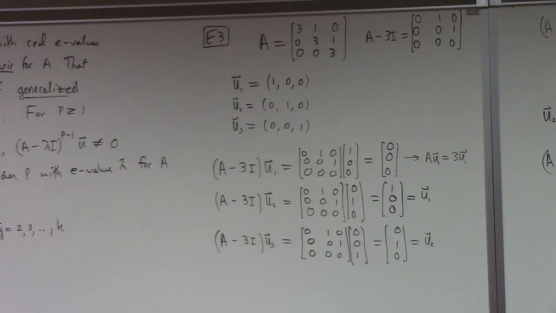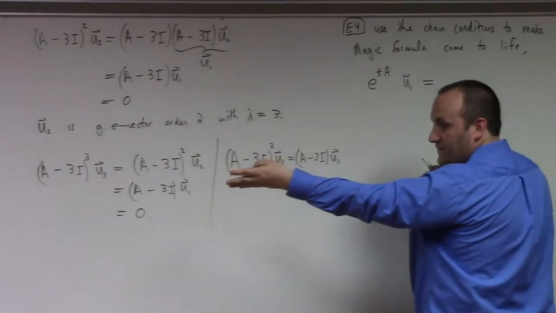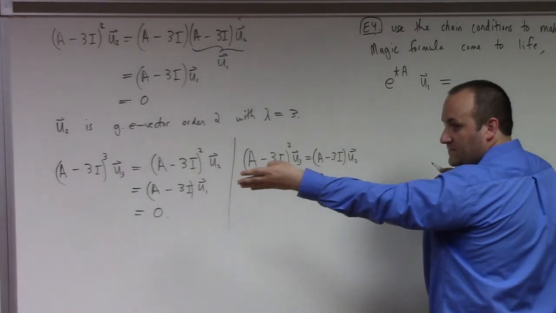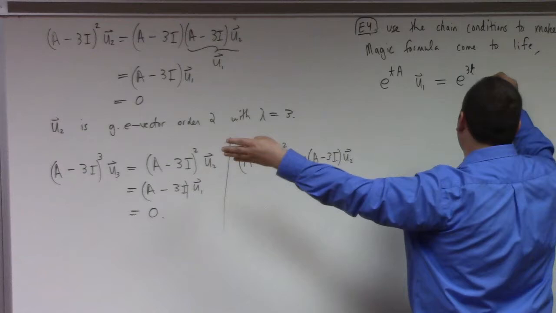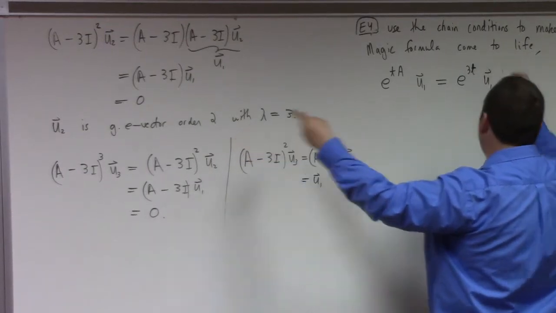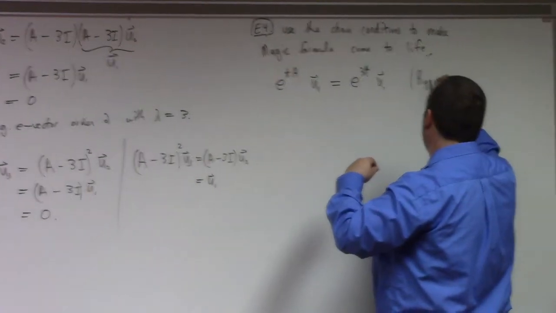Here we go. e to the tA times U1. By example 2, what do we already know? U1 is an eigenvector with eigenvalue 3, so this is just e to the 3t times U1, by example 2.